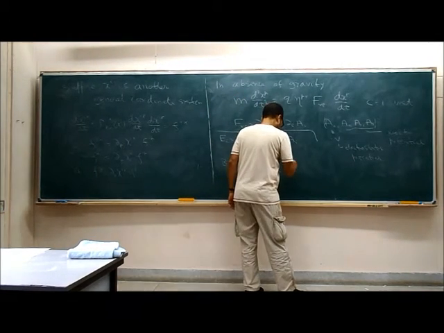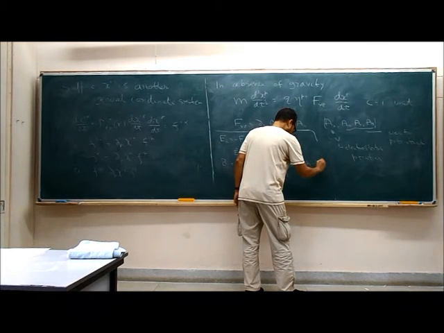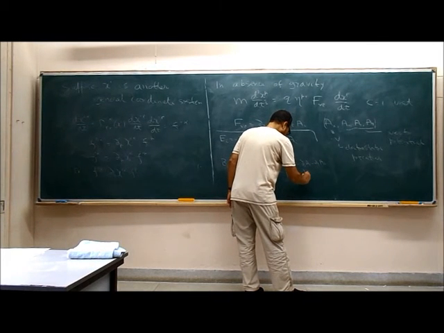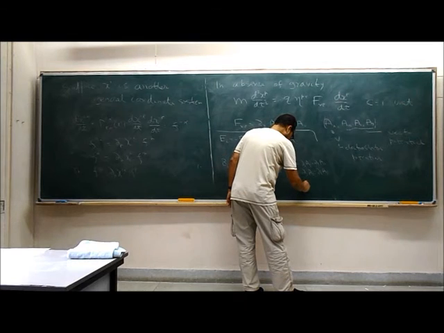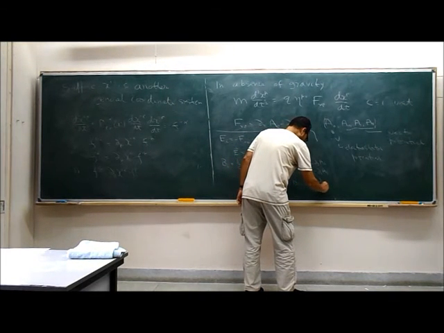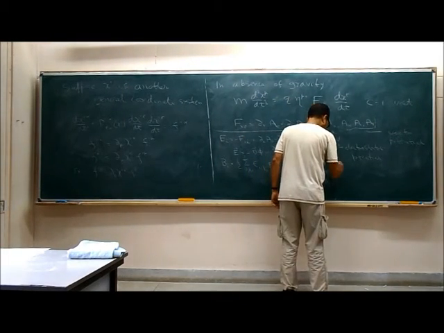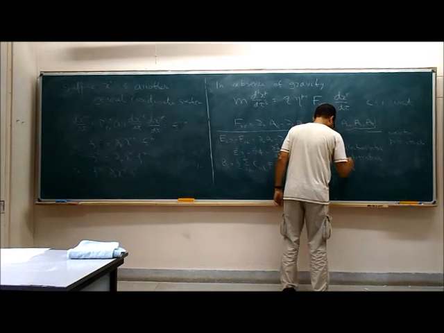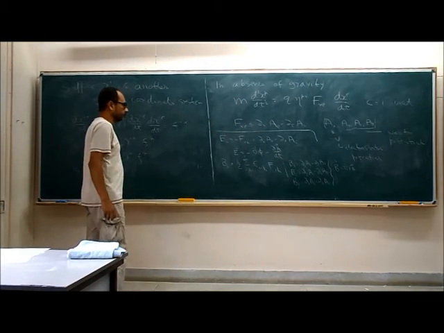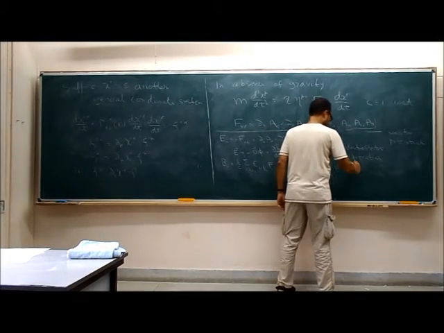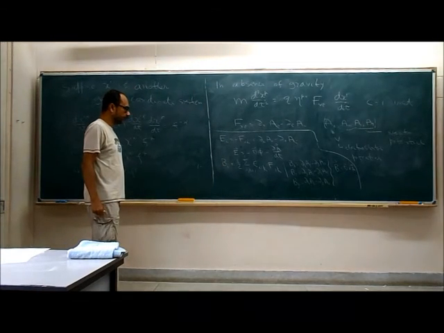In components, we write B1 is equal to del_2 A3 minus del_3 A2, B2 is equal to del_3 A1 minus del_1 A3, and B3 is del_1 A2 minus del_2 A1. Together these give B equal to curl of A. Is this okay?